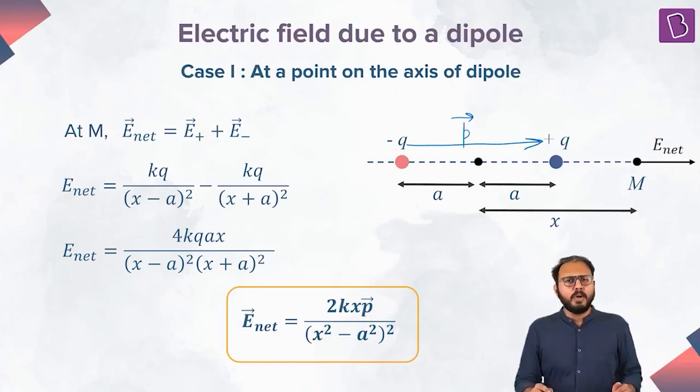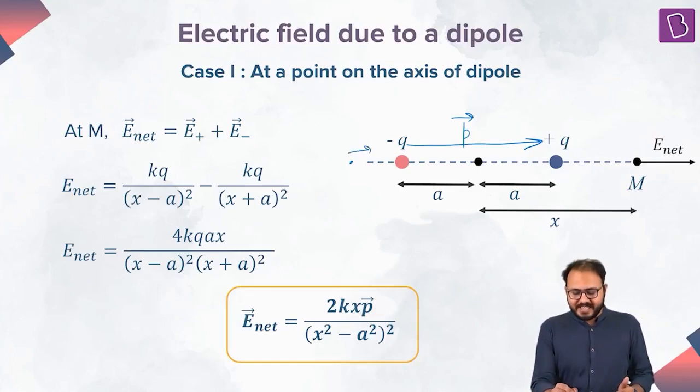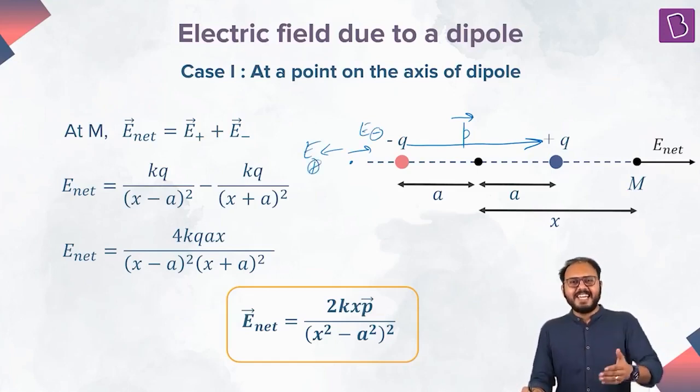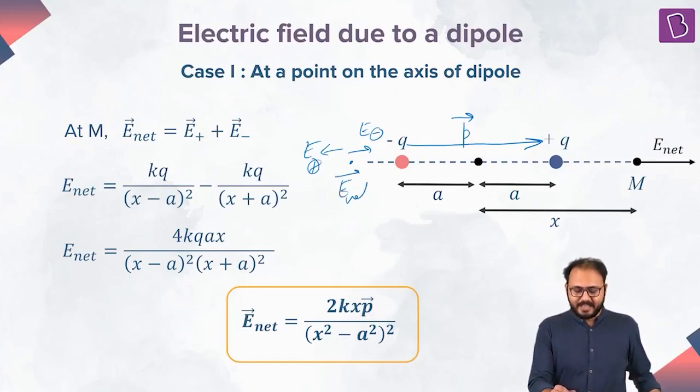Question. What if the point taken was on the left side and closer to the negative charge? Then will it be opposite? No. Because in that case, your E minus value will be more than E plus value and the E net happens to be again along the axis.